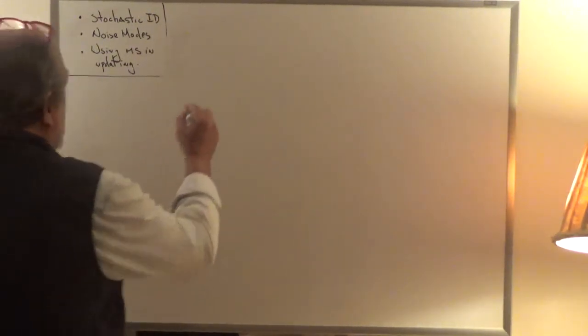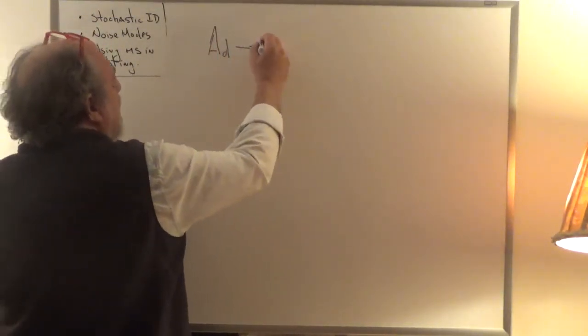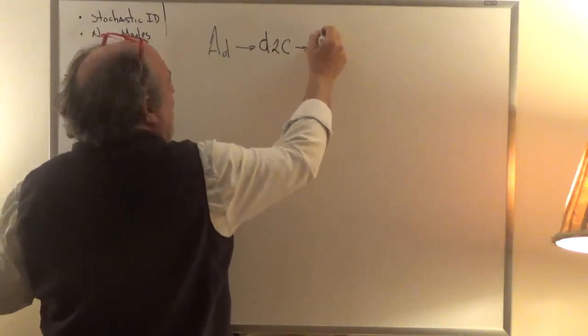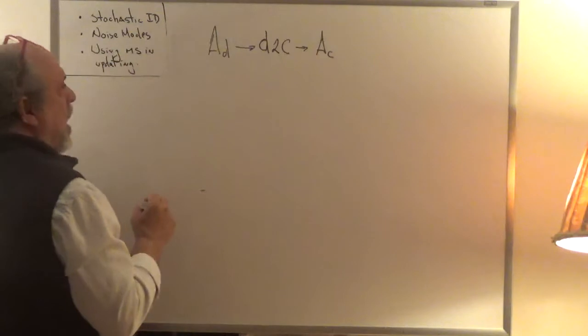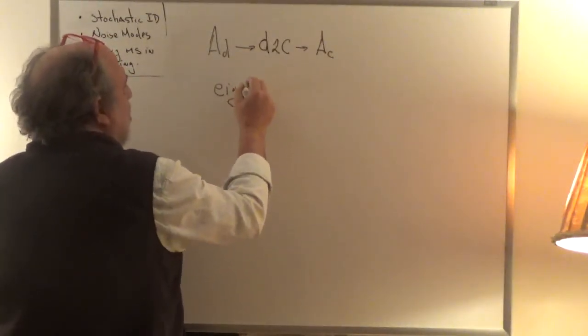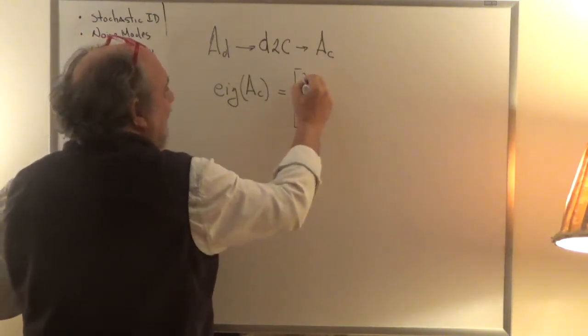So even when you do the identification, you calculated the frequencies, right? To calculate the frequencies, all you needed to do was what? To do the eigenvalue analysis of the A matrix. So once you had AD, right? Remember you went and you did a D to C and obtained AC, right? And then once you had AC, you calculate the eigenvalues of AC, and the eigenvalues of AC are the lambdas, right?